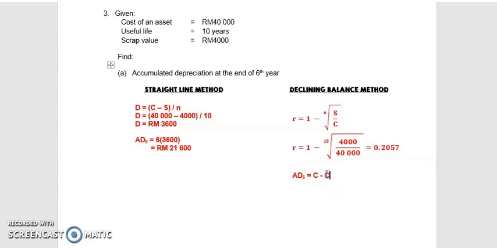Book value equals cost multiplied by (1 minus R) to the power of K, where K refers to the year. We want to find AD6, so we substitute the values and replace K with 6.